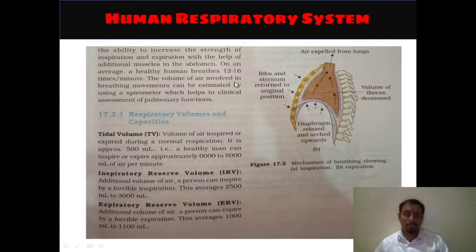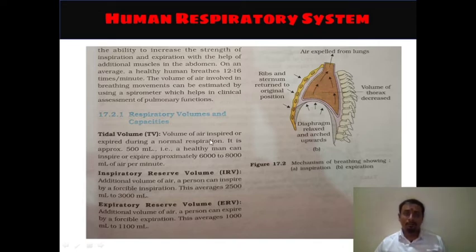The volume of air involved in breathing movements can be estimated by using a spirometer, which helps in clinical assessment of pulmonary functions. So let's see respiratory volumes and capacities. Tidal volume. What is TV? The volume of air inspired or expired during a normal respiration is known as tidal volume.